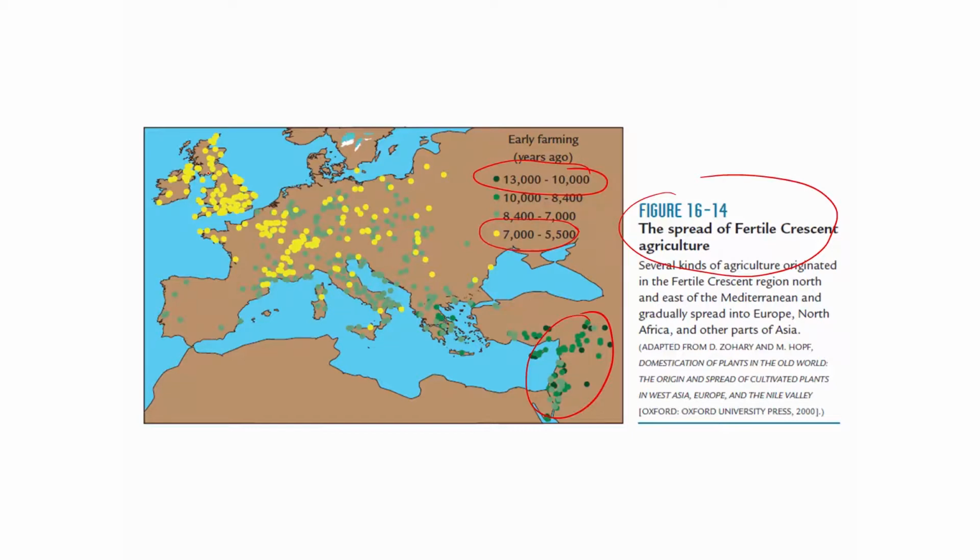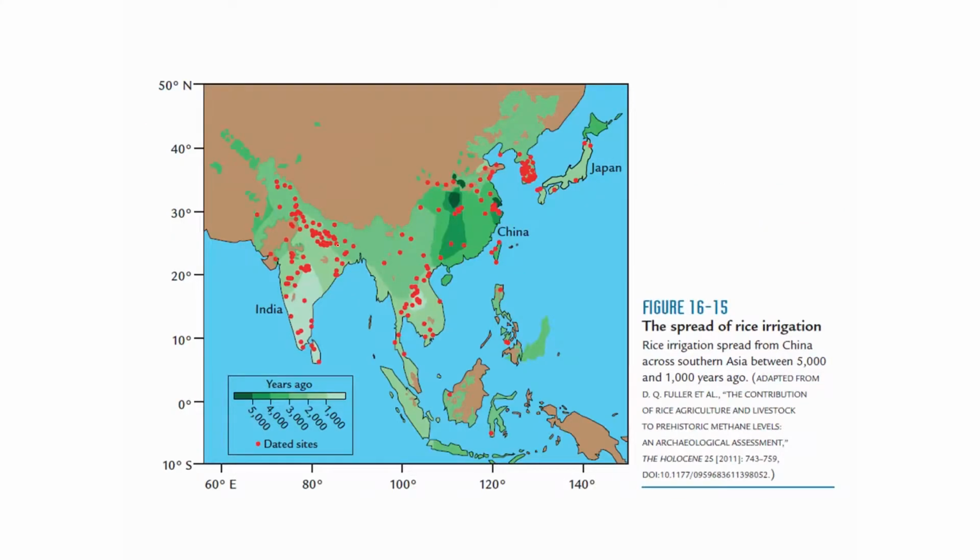Of course, there is an expansion also towards India and China, which is not shown in this map, but we will come back to other examples of that. So you can see clearly how the agriculture began to expand around the world, and later on to the so-called New World, North America and South America.